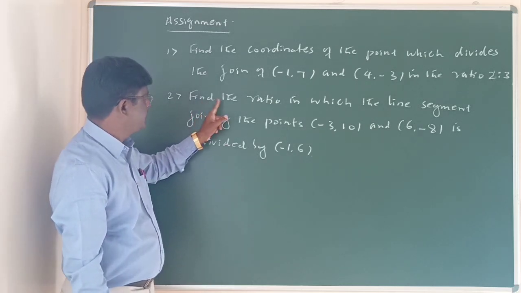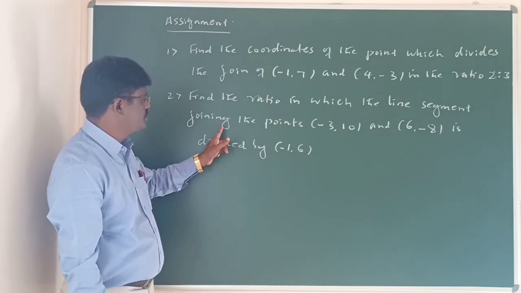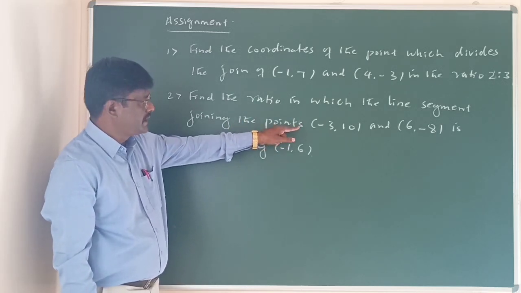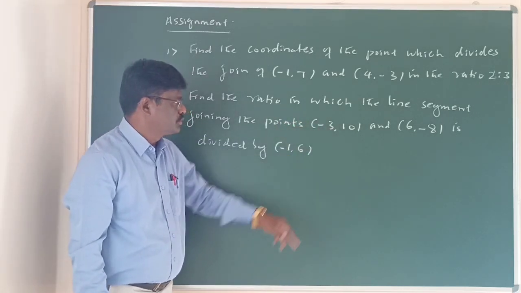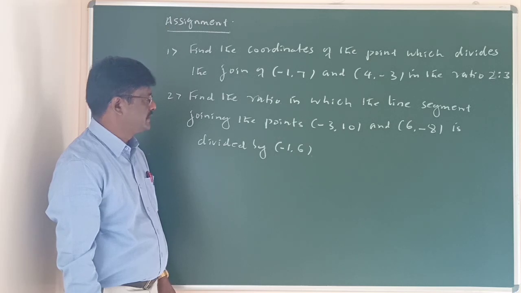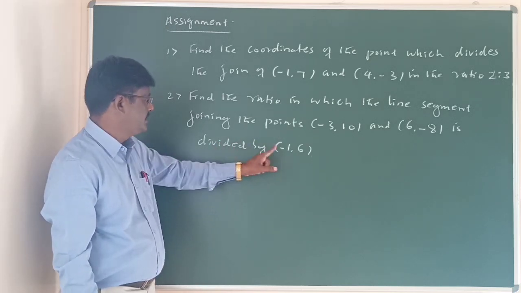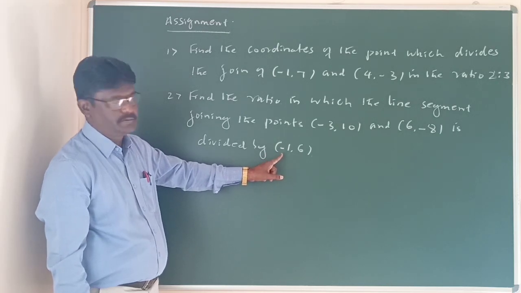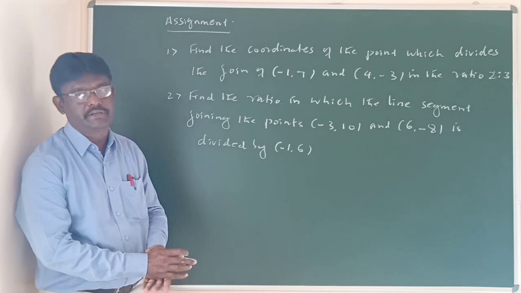Second sum: find the ratio in which the line segment joining the points (-3, 10), that is one point, and another point (6, -10), is divided by P of x, y, (-1, 6). Okay children, we will continue next class.